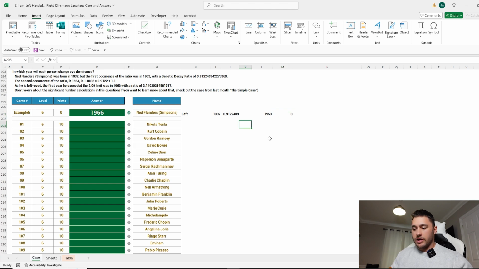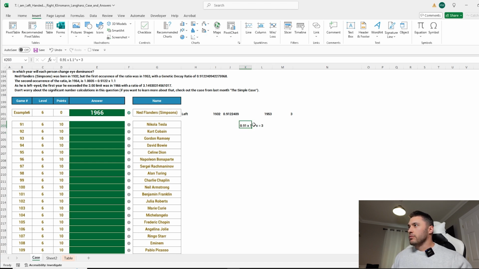Okay, so the equation we're looking at is 0.91, which is the genetic decay ratio, times, I'm going to write this out simply, times by 1.1 to the power of x is going to equal 3. Okay, so we want to know what the x is, which is how many years we need to do this calculation for.